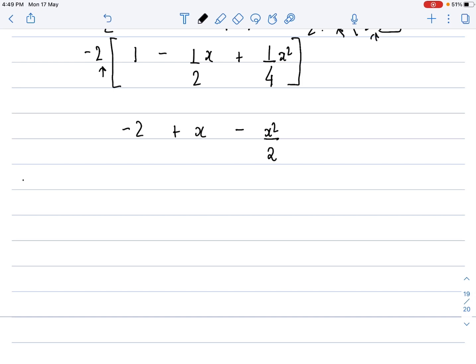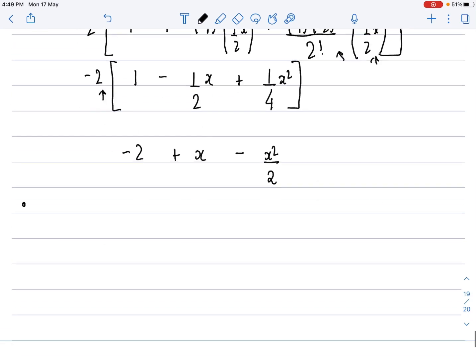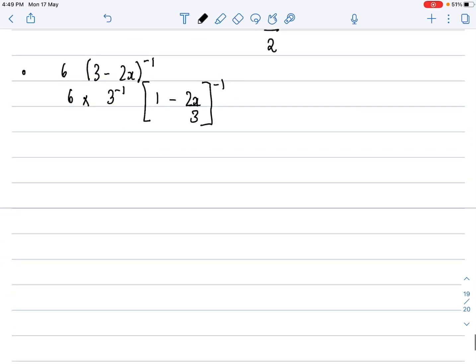Now I'll focus on the other part, which is this. This is basically 6 into 3 minus 2x raised to minus 1. So converting this into the form, I'll get 6 into 3 raised to minus 1, times 1 minus 2x over 3 raised to minus 1. This is what I'll get. Now 6 into 3 raised to minus 1 is basically 2, with 1 plus n.